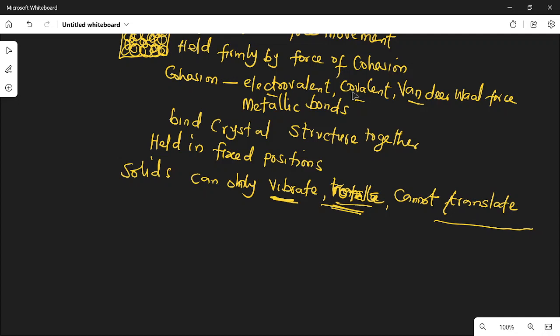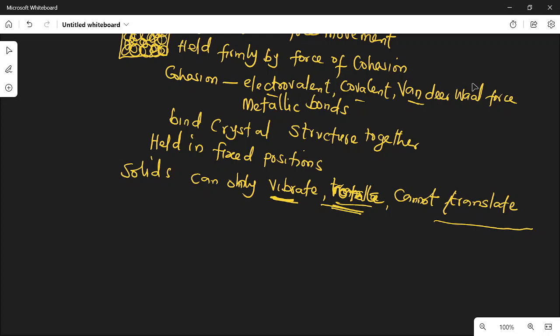Intramolecular forces are forces in between atoms, and that's where you have your electrovalent bond, your covalent bond, and your metallic bond. Those are intra. But van der Waals force and the hydrogen bond, they are inter.